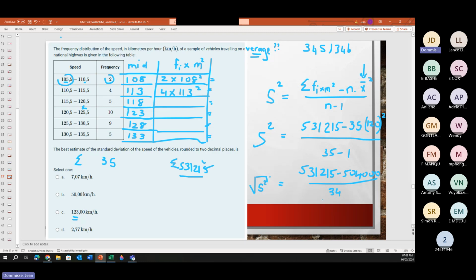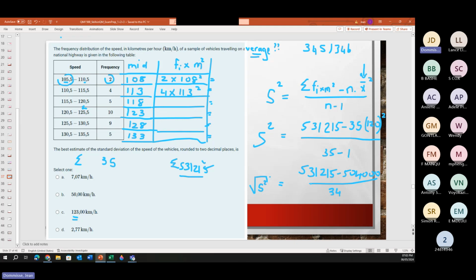So when I used 125 as the mean, it was actually bigger than the other one. So that's why I nearly didn't want to use the 125 anymore. I see then, let's say 531,215 minus 504,123.